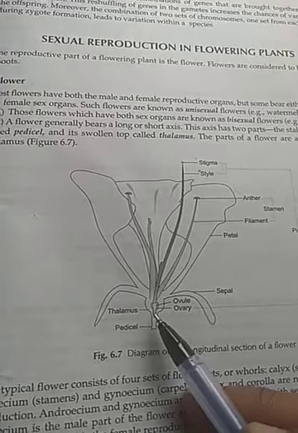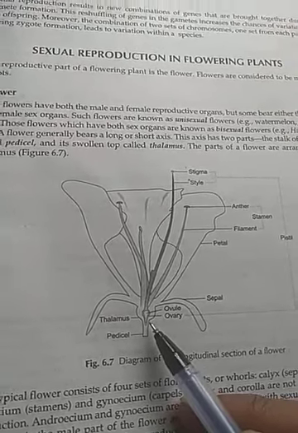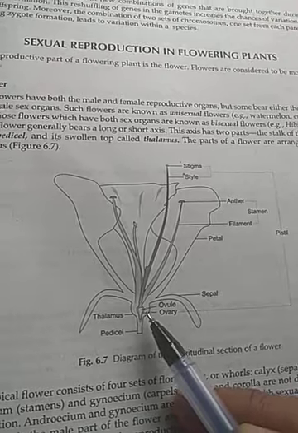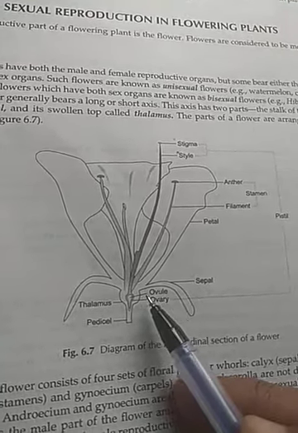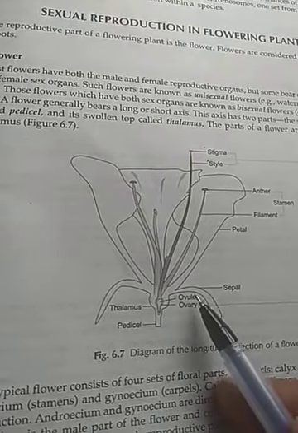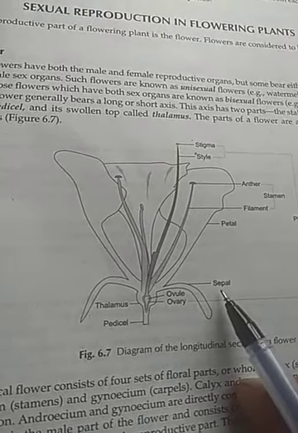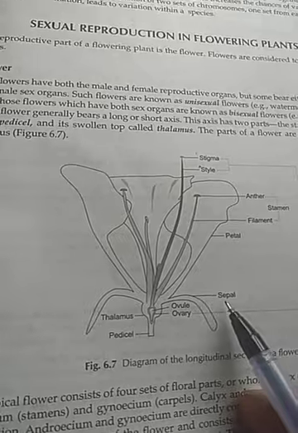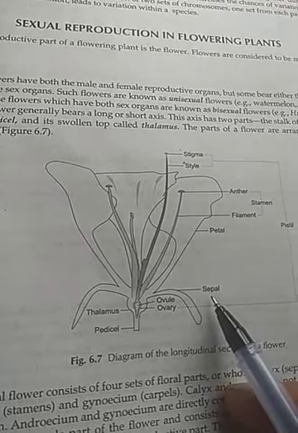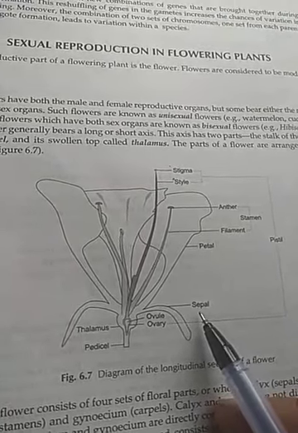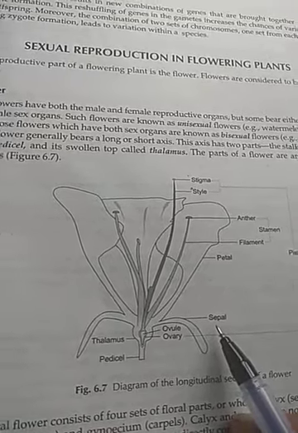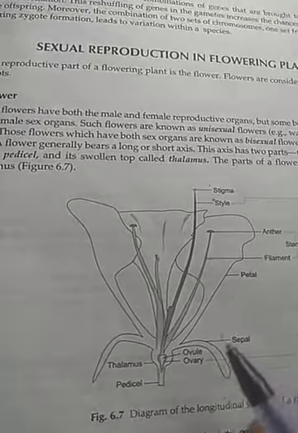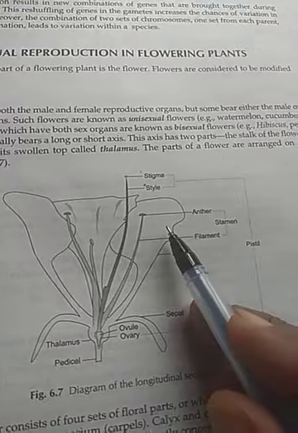This is the swollen part of the flower, and there is also a swollen part called the ovary, and the ovule is present in it. At the lower part of the flower, sepals are indicated here. Sepals are green in color and present in the lower whorl of the flower. They protect the flower.